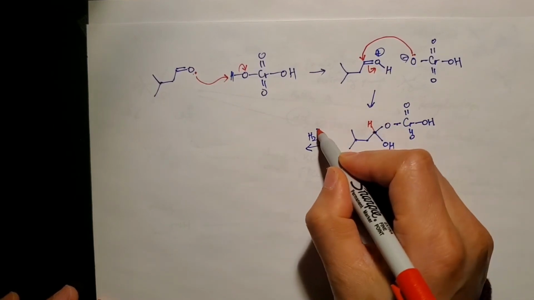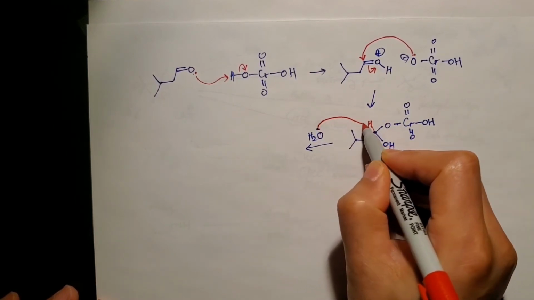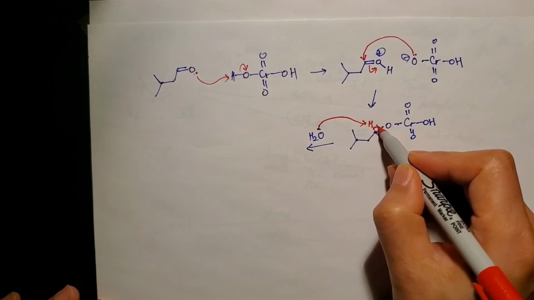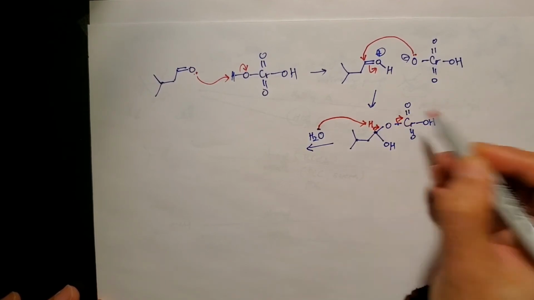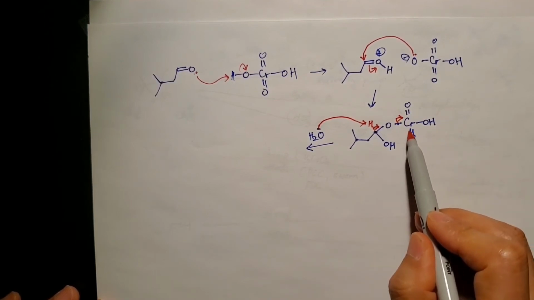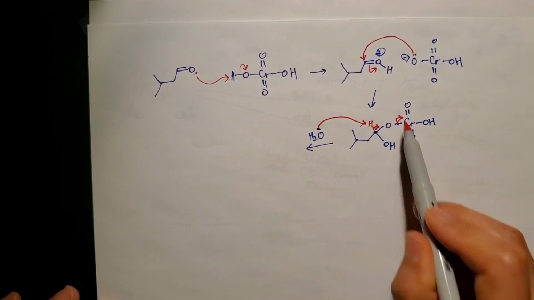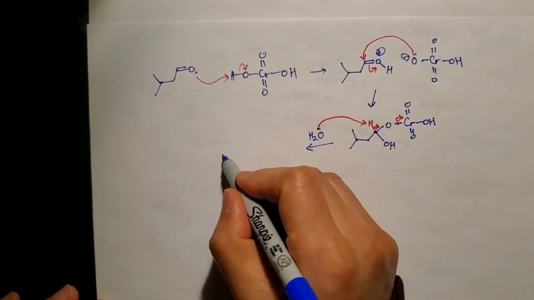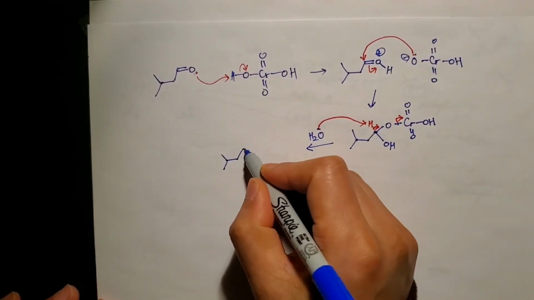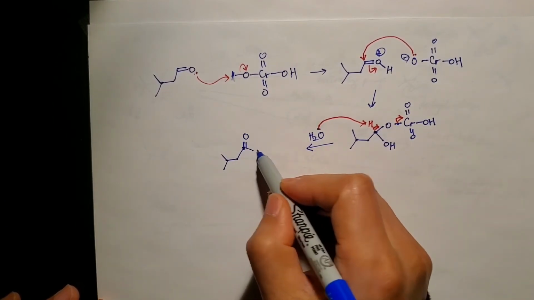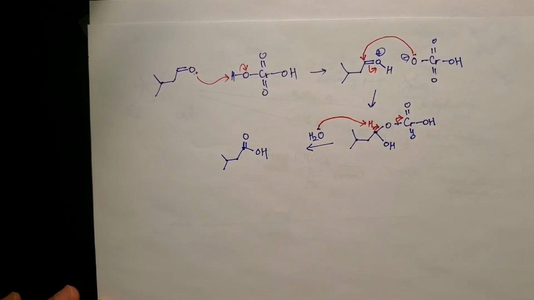So you've seen before, you can attack here and you go for the E2 type of mechanism, and there goes the leaving group. So this is the moment chromic acid once again is getting reduced. It is receiving electron. So you get double bond oxygen and the OH, you got the carboxylic acid.